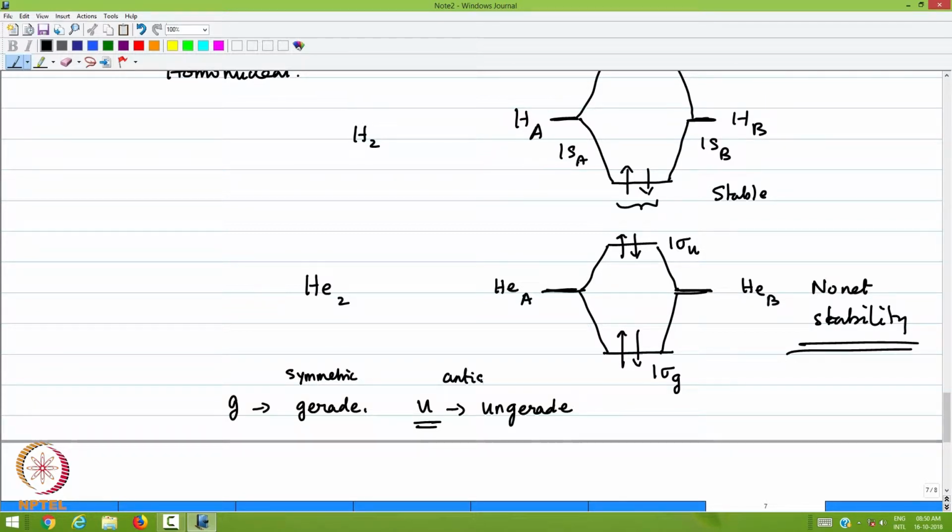anti-symmetric. What it means is that if the coordinates of the two electrons are changed to a different sign, minus sign, the wave function becomes the minus of the wave function without the change in coordinates sign. It is not interchanging the coordinates, it is changing the sign of the coordinates, R1 to minus R1, R2 to minus R2.